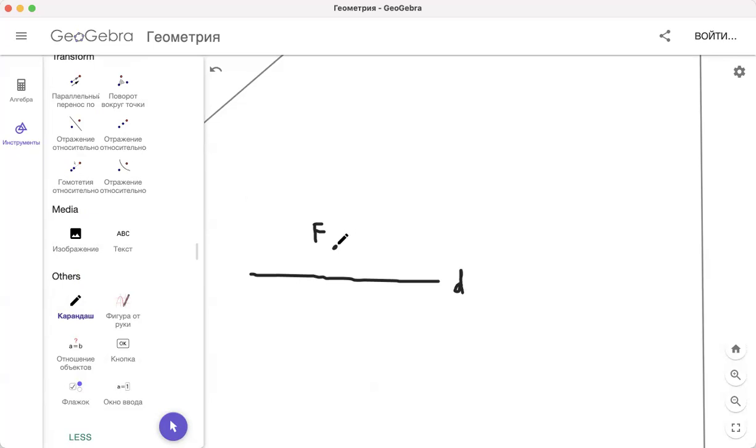then a conic is a locus of points M such that the ratio of distances from this point to the focus and to this line is constant, and it is equal to the eccentricity of this conic.